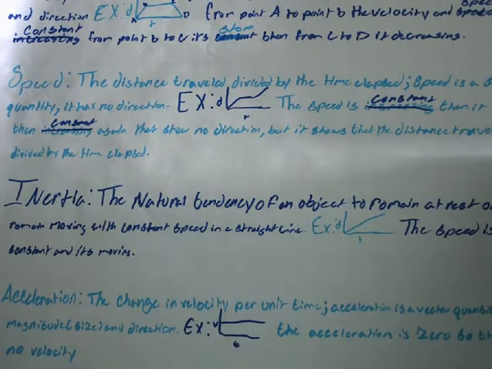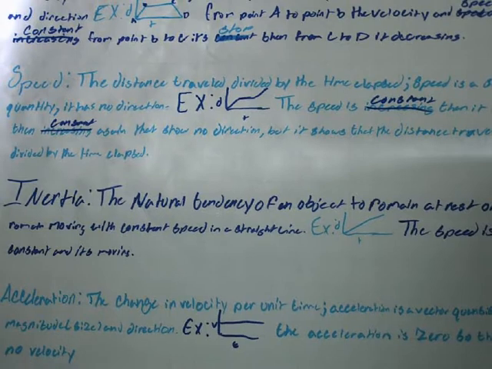Basically, it's saying its size depends on what is causing it, and it has direction, which means it goes in a different place than normal. The acceleration is zero, so there's no change in velocity, like this graph showed you.